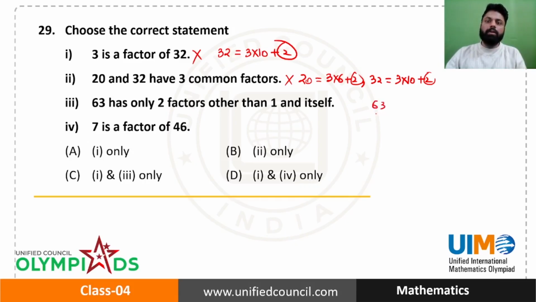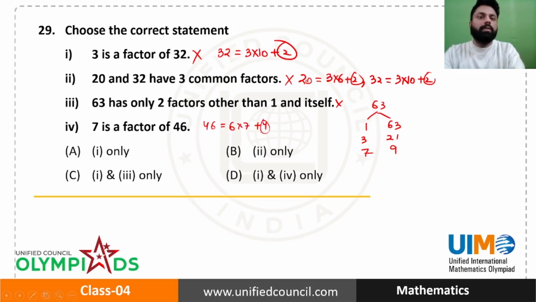For 63, we have 1, 63, 3, 21, 7 and 9. There are four more factors. No. 7 is a factor of 46? No. 46 can be written as 6 multiplied by 7 plus 4. So it is also not a factor.